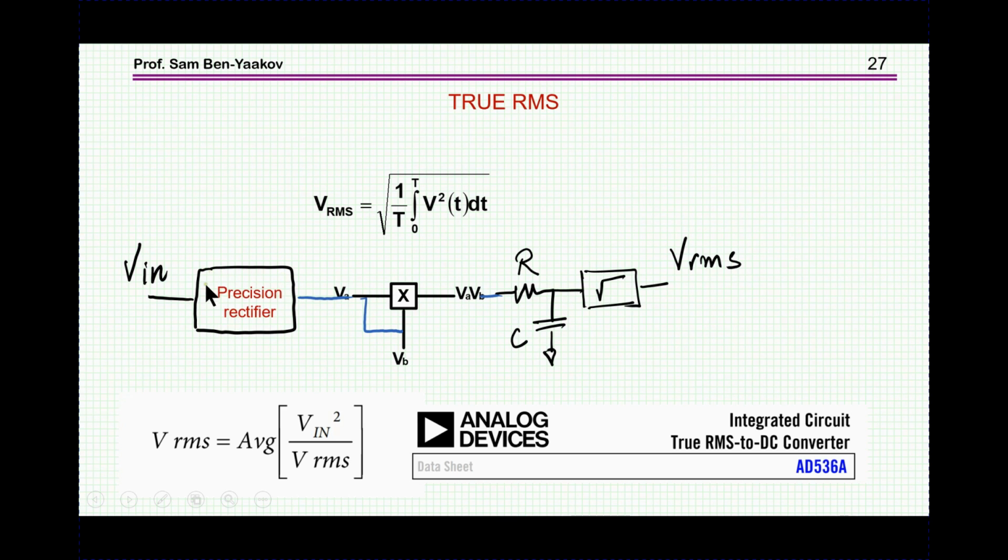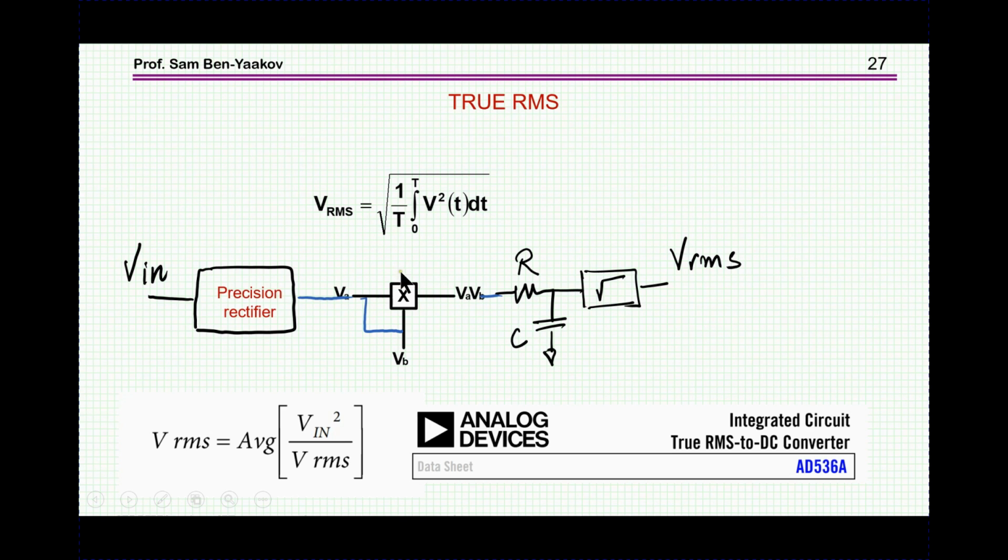So we have a precision rectifier, and then you can use a multiplier to get the square. Once you get the square, you can filter it for this averaging. And then you have to take the square root in order to get the value of RMS.